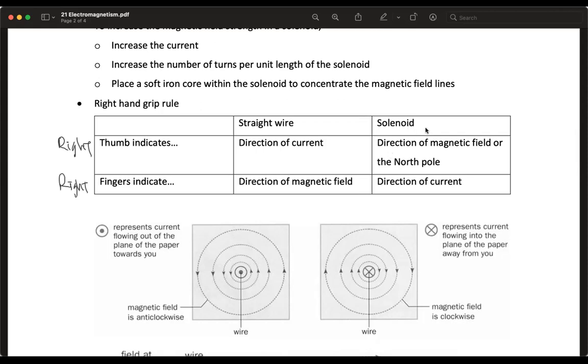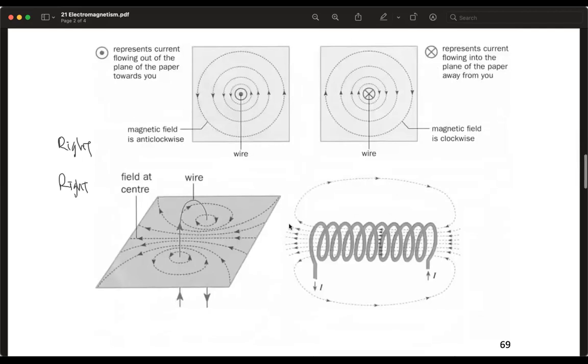Okay, then for the solenoid, we have gone through this in the previous chapter, where we were trying to create an electromagnet. Do you remember that? In the electromagnet, we have a solenoid where we put maybe an iron cylinder or iron bar inside.